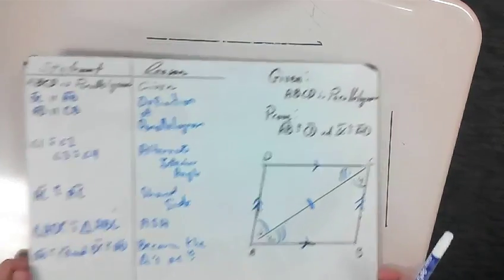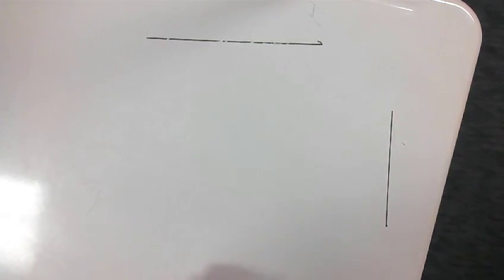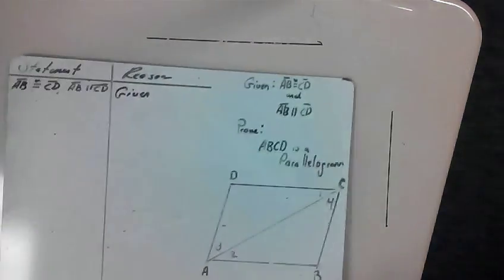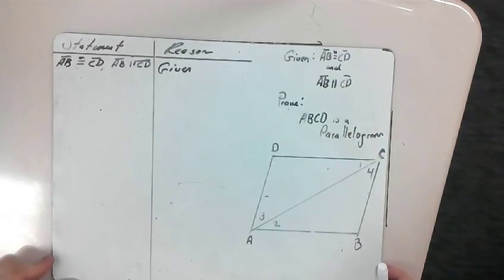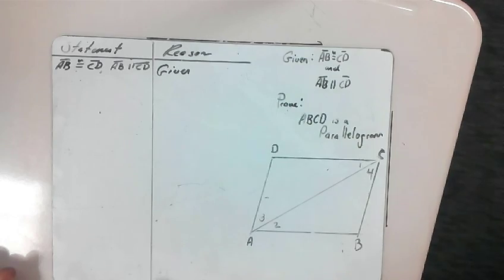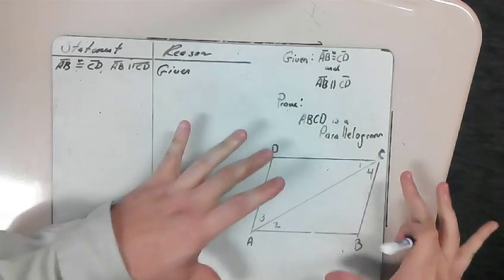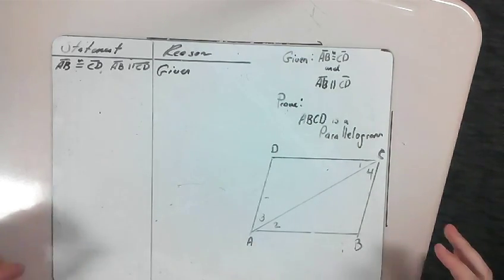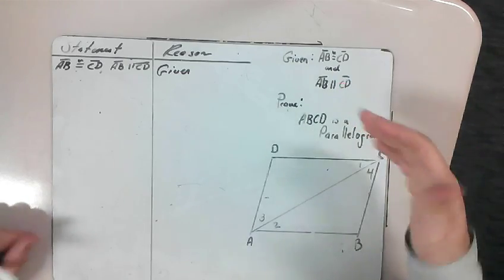Let's take a look at the next example. The next example works slightly differently. This time we have a bunch of pieces and we want to prove that this thing here is a parallelogram. Now, let's work backwards.